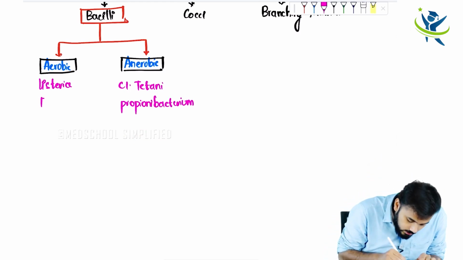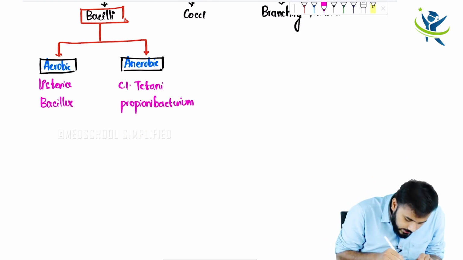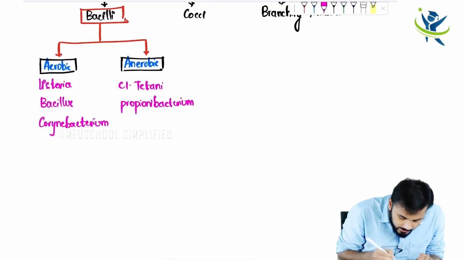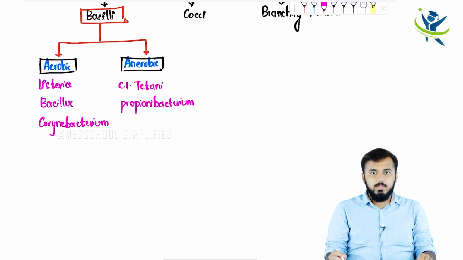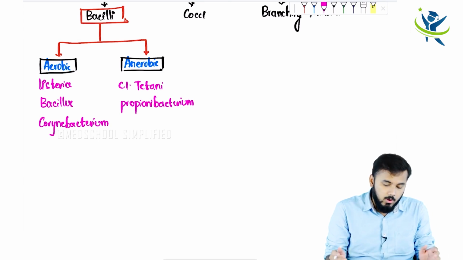Next is Bacillus, that is Bacillus cereus and Bacillus anthracis. Next is Corynebacterium, that is Corynebacterium diphtheriae. All of these are aerobic bacilli which are gram positive.